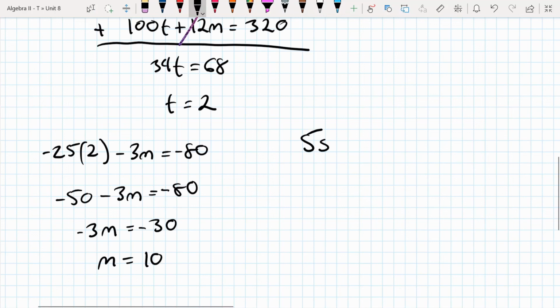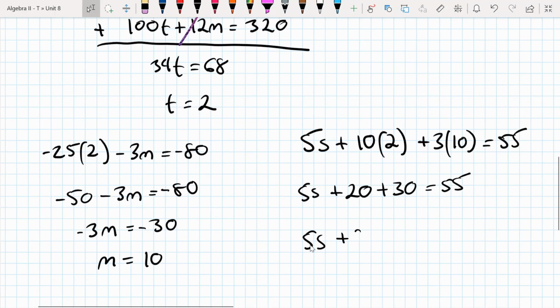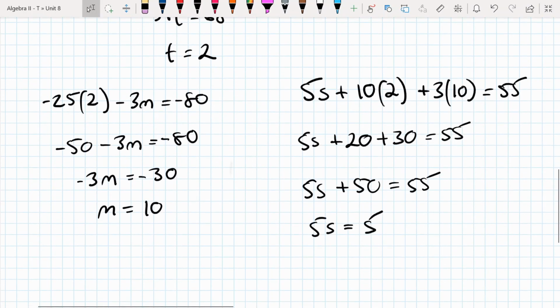So 5 times s plus 10 times 2 plus 3 times 10 is equal to 55. So 5 times s plus 20 plus 30 is equal to 55. 5 times s plus 50 is equal to 55. 5 times s is equal to 5. And so s is going to be equal to 1.